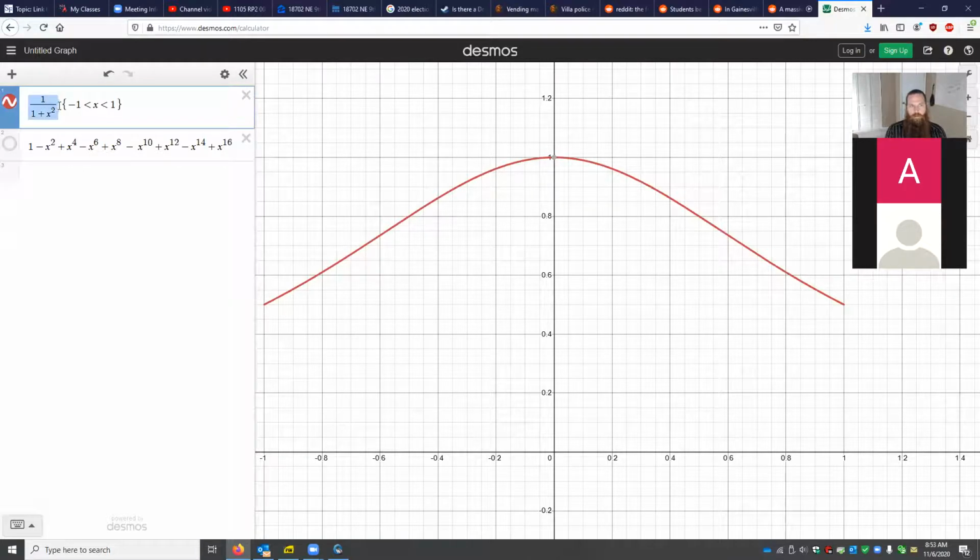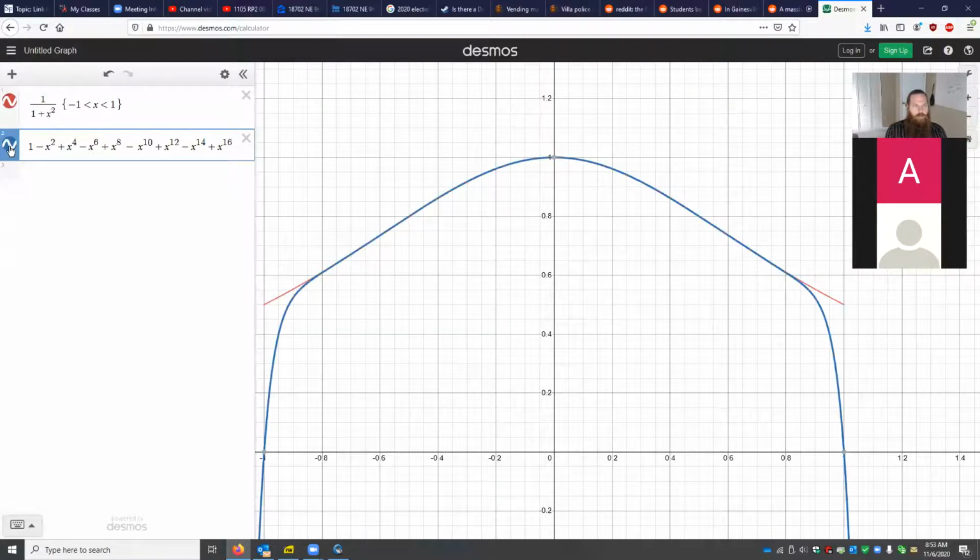Is this an even function, an odd function? Neither? Good. Yeah, Zach and Maggie are both right. It's symmetric about the y-axis, symmetric about the line x equals 0, which is the y-axis. So it is an even function.